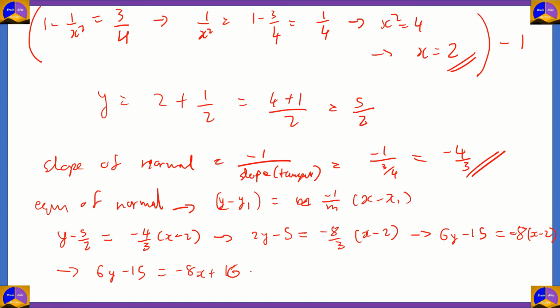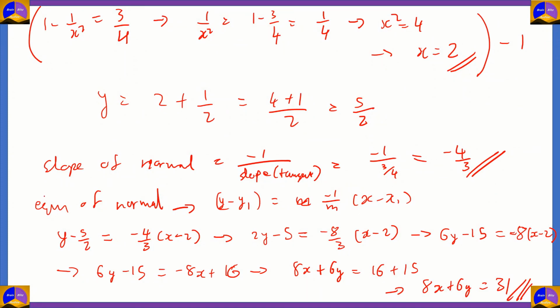Then we rearrange the terms. You have 8x plus 6y equals 16 plus 15. That means 8x plus 6y is equal to 31. So 8x plus 6y equals 31 is the final equation.